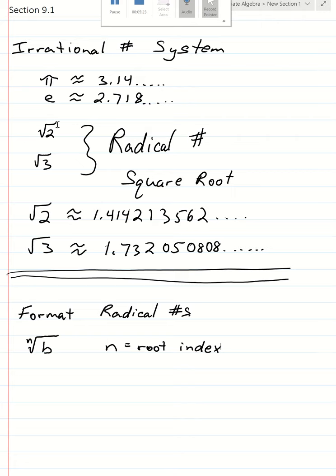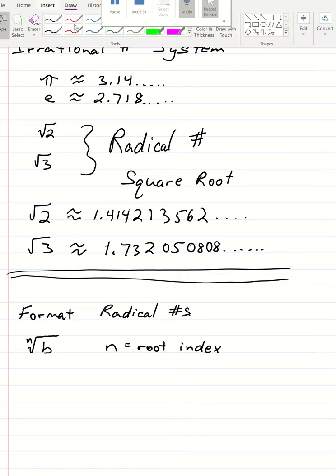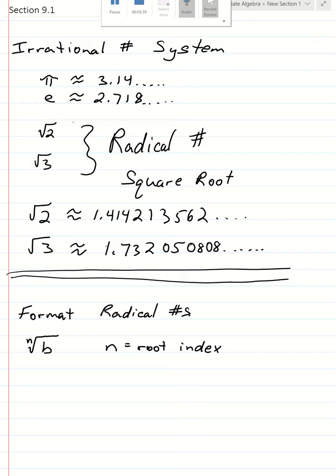And if I was to look at the examples that we had up here, I said that this was the square root of 2. And I said that this was the square root of 3. And you might be wondering, well, gee, I don't see a little root index number. And that is because of all the radicals, the square root is the most common. And that's why there's an understood 2.